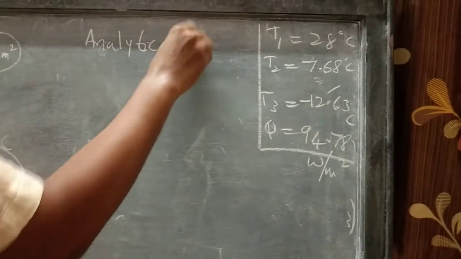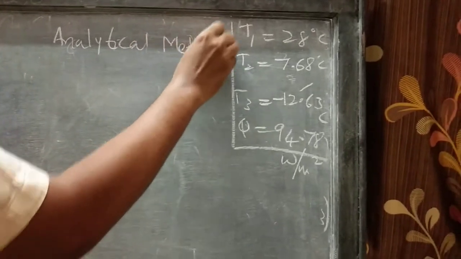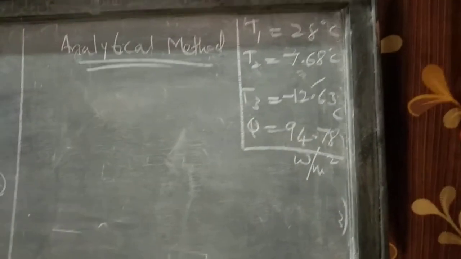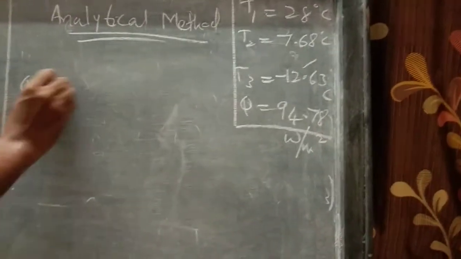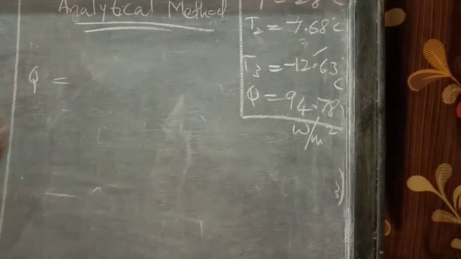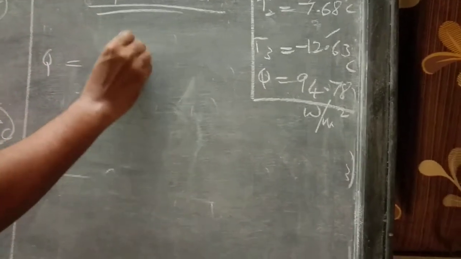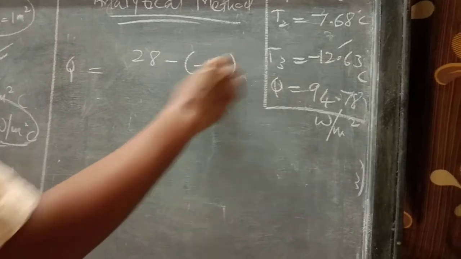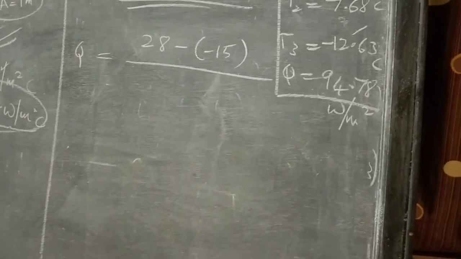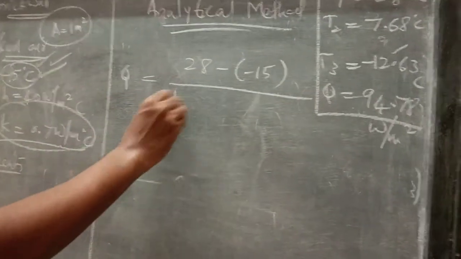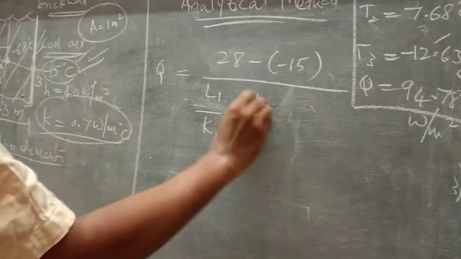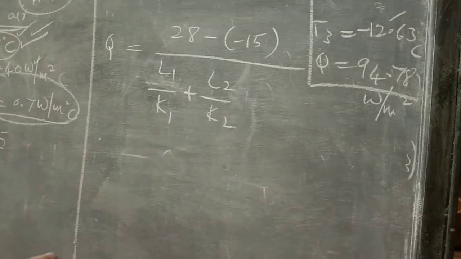Let's check the results analytically, so that we can verify them against the FEM, finite element method, results. Now the analytical method says heat flux is equal to initial temperature 28 minus final temperature minus 15, the difference between initial and final temperature, divided by L1 by K1 plus L2 by K2.